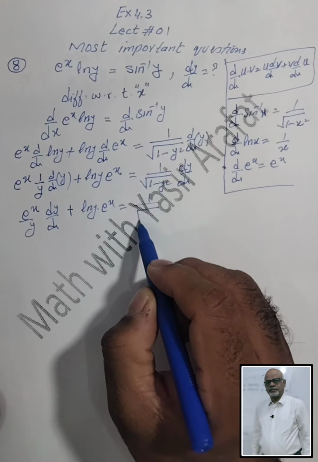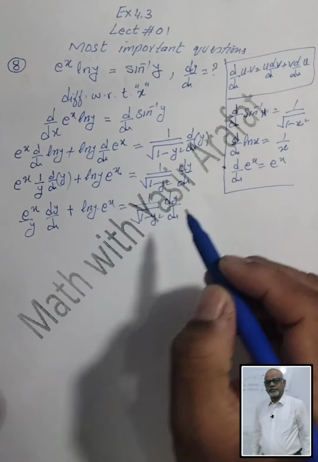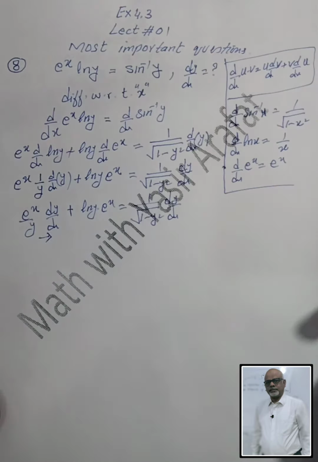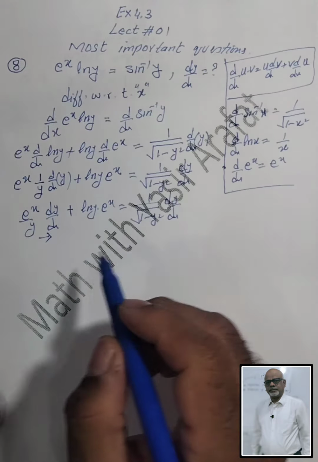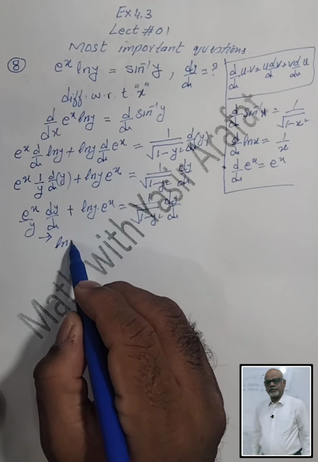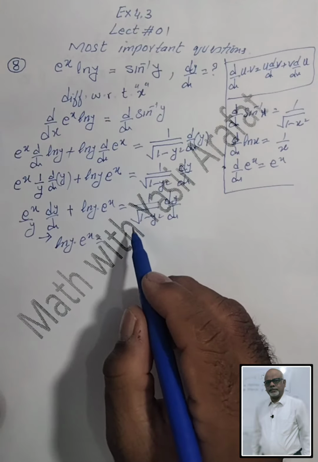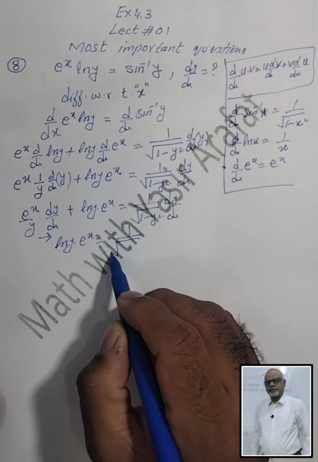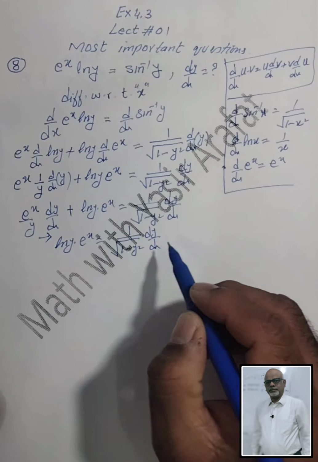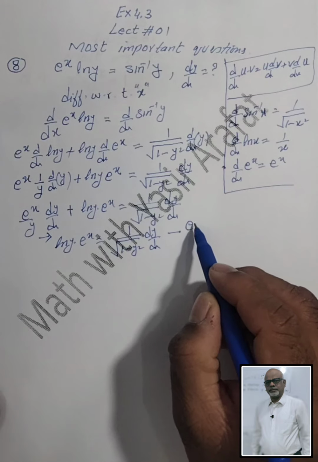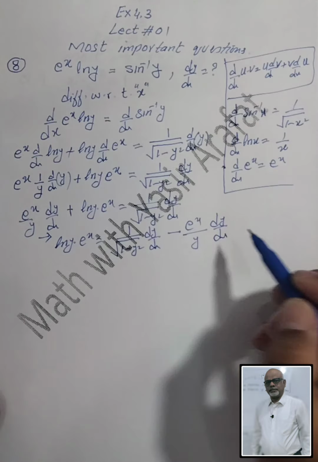It is equal to 1 over root of 1 minus y square into dy upon dx. So we have to shift this dy upon dx to the right hand side because we have to find out the value of dy upon dx. So this is ln y into e to the power x, and it is equal to 1 over root of 1 minus y square dy upon dx minus e to the power x divided by y dy over dx.